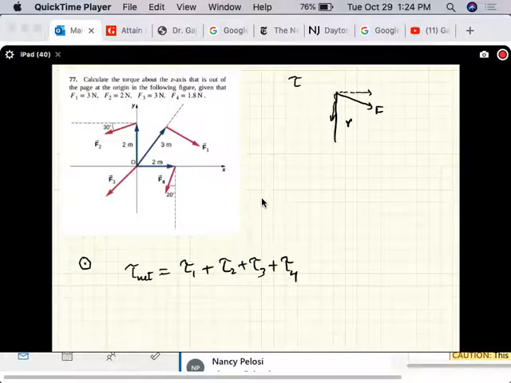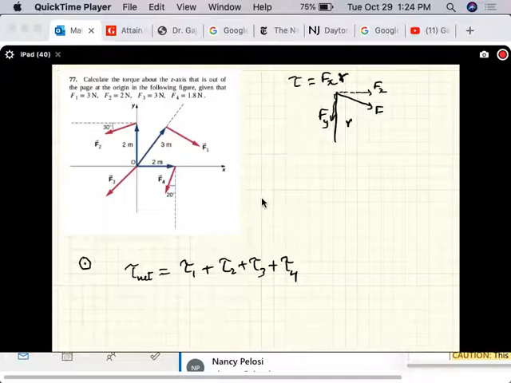This component of the force gives you zero torque because that force is going through the axis of rotation. Only this component gives you torque. So it's this component times R. Let's call them Fx and Fy, and the torque would be Fx times R. So we'll use that idea.